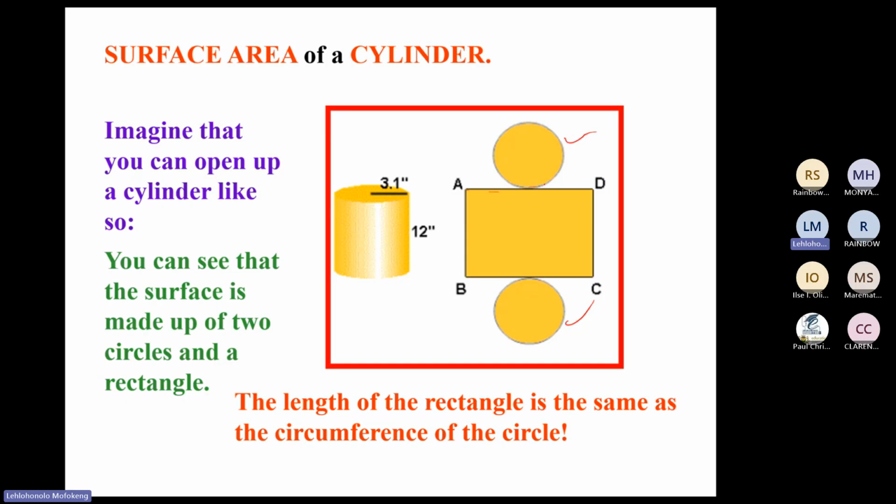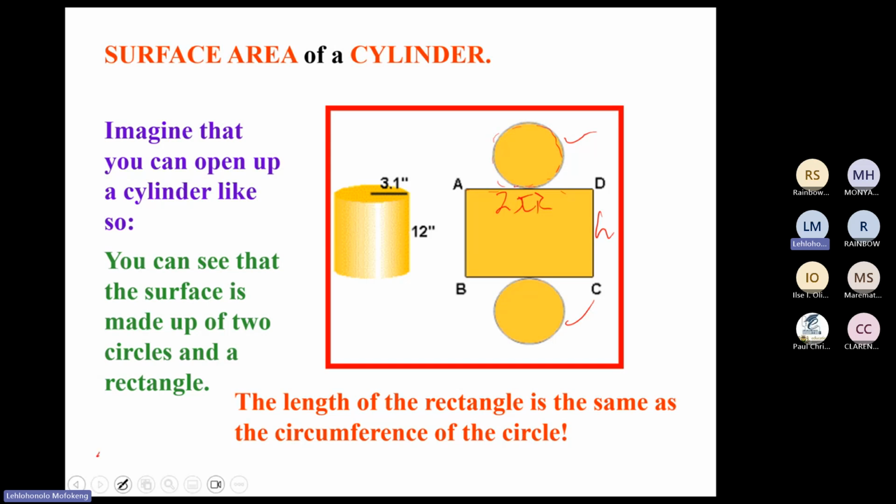The length of this rectangle is the distance of the circumference of the circle, which is 2 pi r, and then this will be the height of the cylinder. So we have 2 pi r h plus 2 pi r squared. Like here, the length of the rectangle is the same as the circumference of the circle.